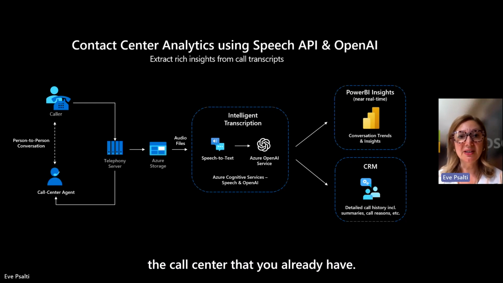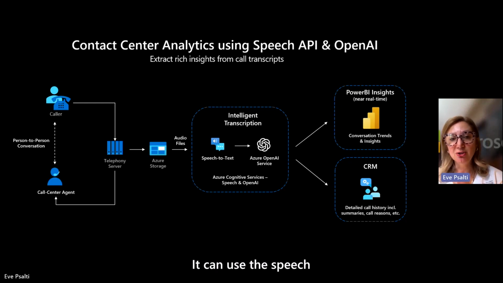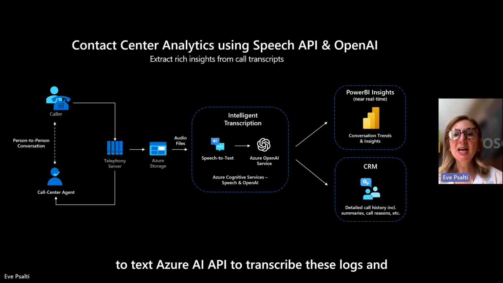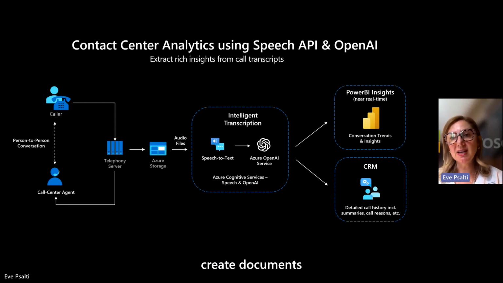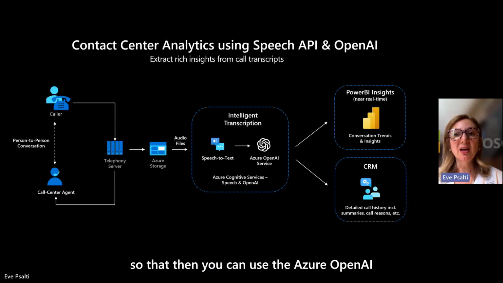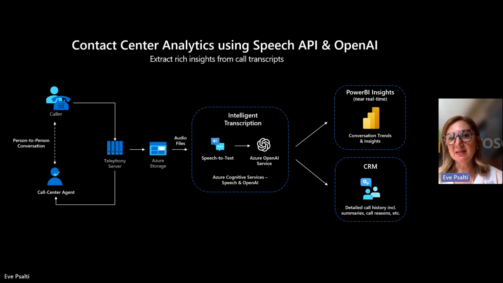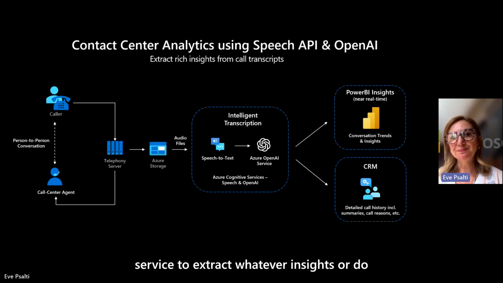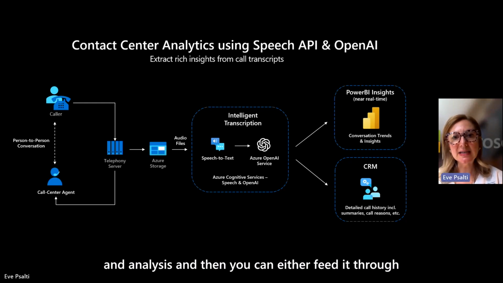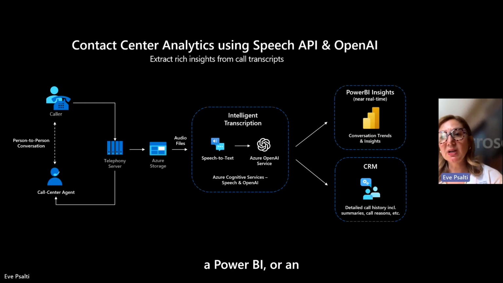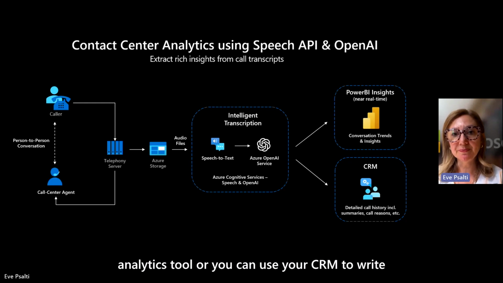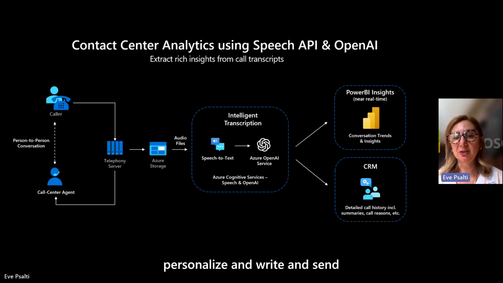It can use the speech to text Azure AI API to transcribe these logs and create documents that you can then use the Azure OpenAI service to extract whatever insights or do an analysis. And then you can either feed it through a Power BI or an analytics tool, or you can use your CRM to personalize and write and send an email.